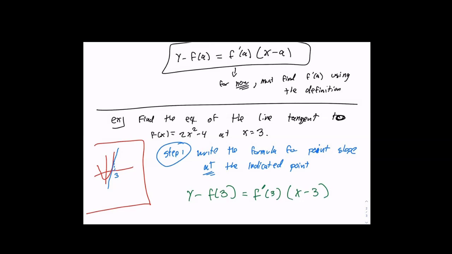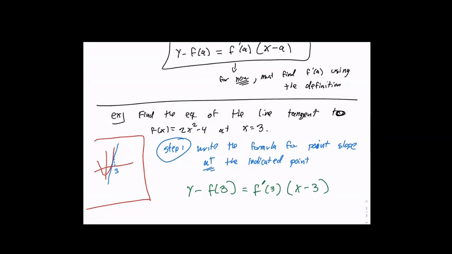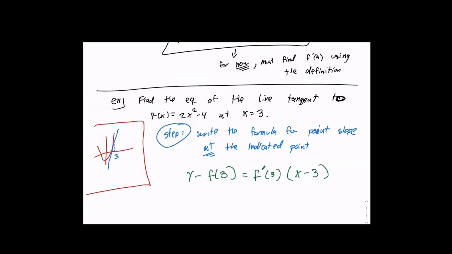Now, what we need to realize is that there are 2 unknowns in here. What are the 2 pieces of information that I have to find? No, y and x are in my answer. My answer has y, my answer has x. It's an equation of a line, so it has to have y and it has to have x.